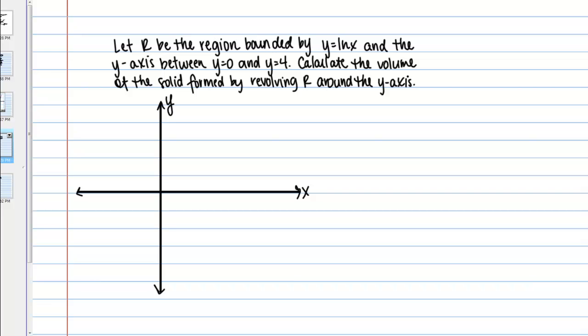So let's draw y equals natural log of x. Well, I know it has an x-intercept of 1, and it has this general shape.